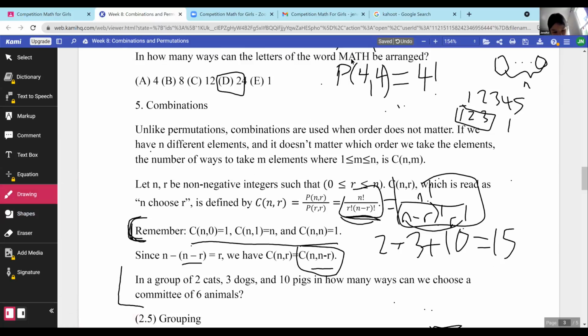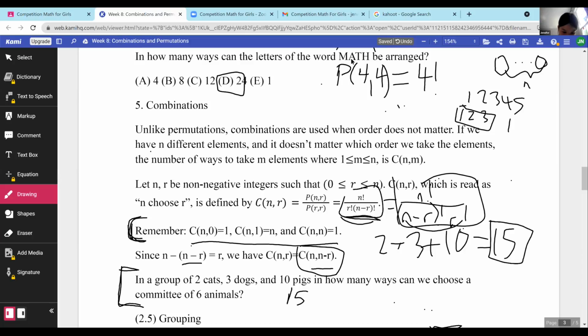So looking at this problem again, you could see, as I said, there were 15 animals and you have to choose 6 out of them.